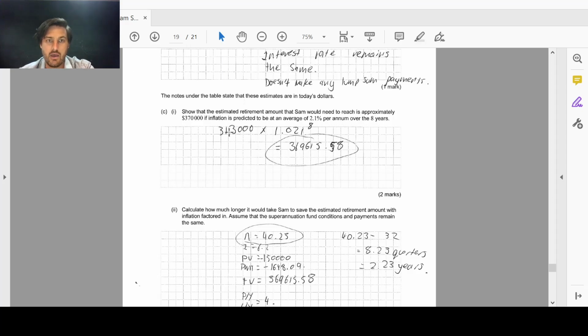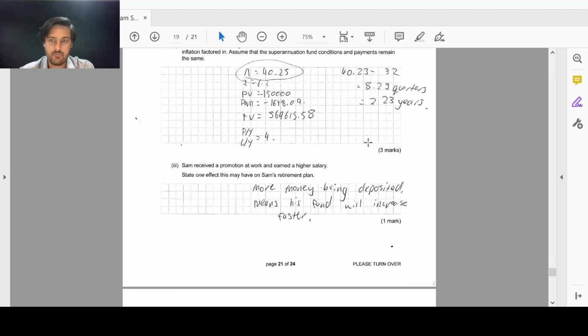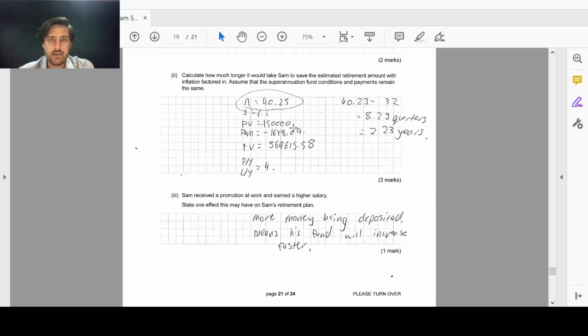So all we're saying there is that, yes, 313,000, that's his goal, but for it to be worth the same amount of money once we've factored in inflation, he would actually need 615.58.